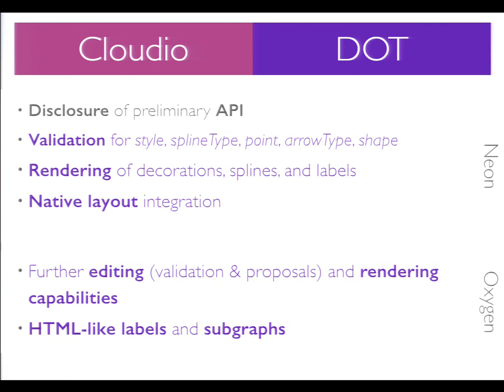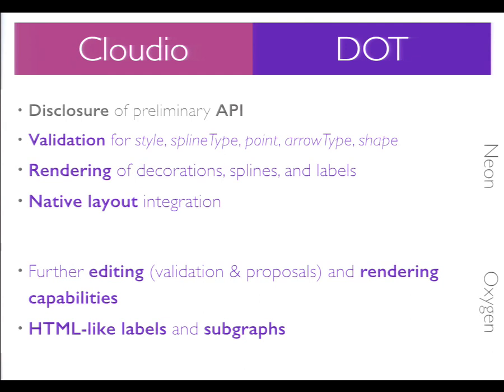We have one large thing we want to add in the Oxygen stream, and that is we do not support the complete dot grammar yet. Dot has the capability that labels of nodes can be described by HTML style labels, and we don't support that yet. And we want to add that in Oxygen.